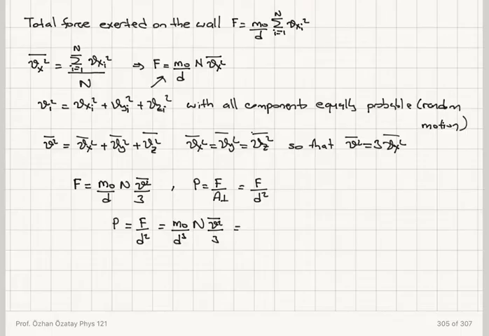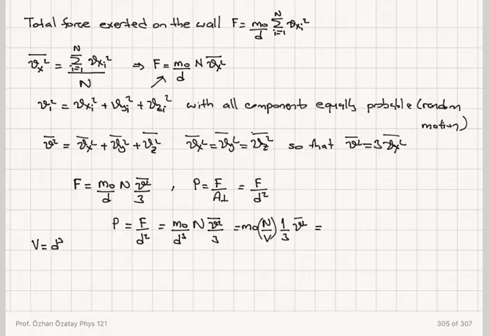Now I want to rearrange this equation. First of all, I note that I have D cube here. The volume of the container is D cube. So it is M0 N over V. I have a factor 1 over 3 here, V square bar. Then if I stare at the rest of the terms here, I have basically something that looks like the average kinetic energy per molecule.